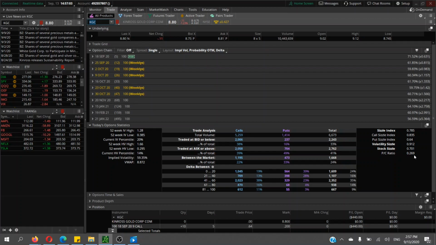And even the extremes are considered as bullish or bearish. Like if the put call ratio is 1.5, meaning there are more put options compared to call options, it's an extreme.